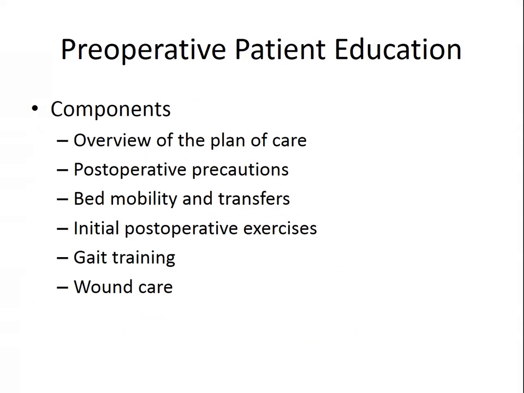Before surgery, if we can provide any preoperative patient education, this will be beneficial for our patient. Usually the things that we'll review are an overview of their plan of care. So basically explain what to expect, what the post-op plan is, and maybe review their post-op precautions.